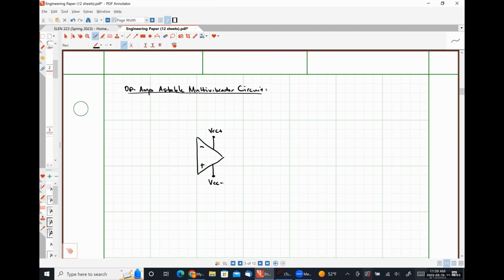For my schematic diagrams here, I'm playing fast and loose just for the sake of convenience of drawing it, VCC plus on top, VCC minus on bottom. But for a real practical op amp, you look at the data sheet and it'll say which one is for the positive supply voltage and which one is for the negative supply voltage.